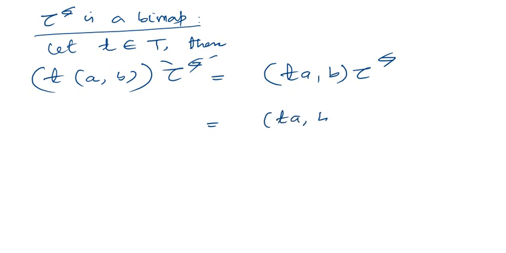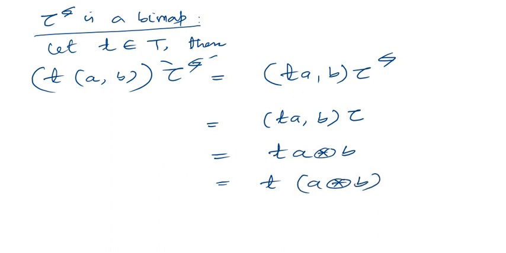By definition of the map this is the tau class, which we have denoted by tensor, and by definition of the left action it's T times A tensor B, and again this A tensor B is the tau class of AB. That's equal to T times the tau class of AB, meaning the image of AB under tau natural. So T times AB of tau natural is equal to T times AB tau natural.